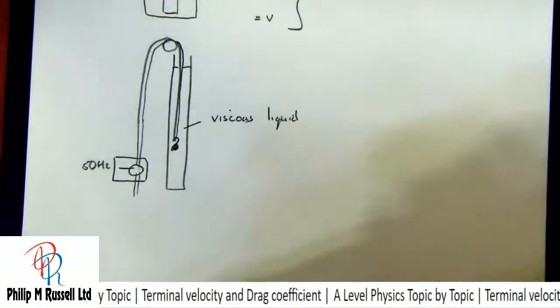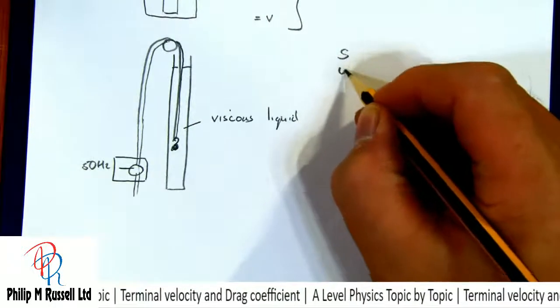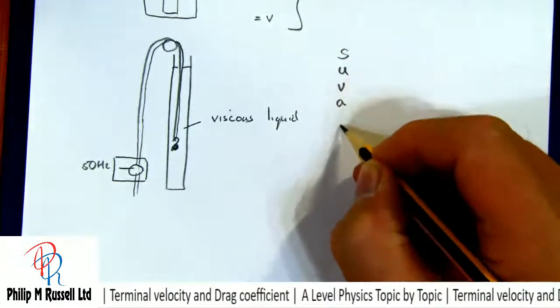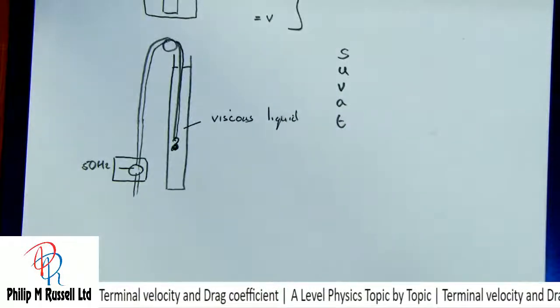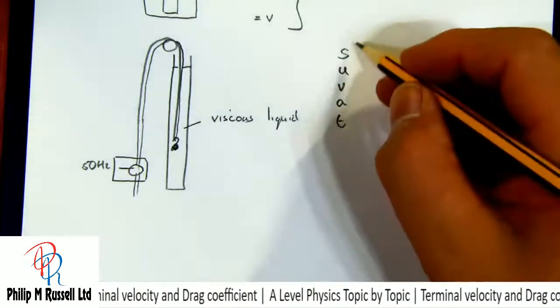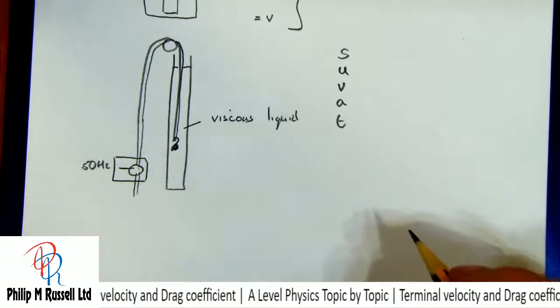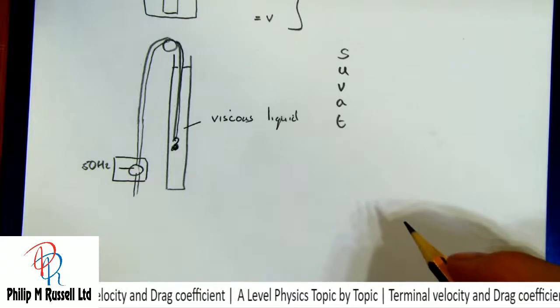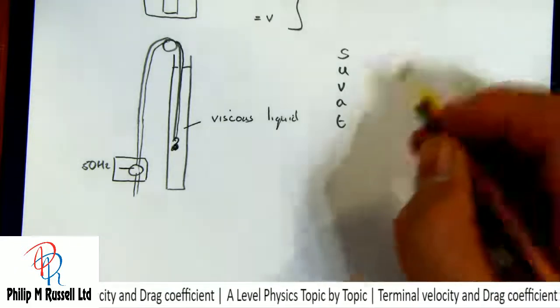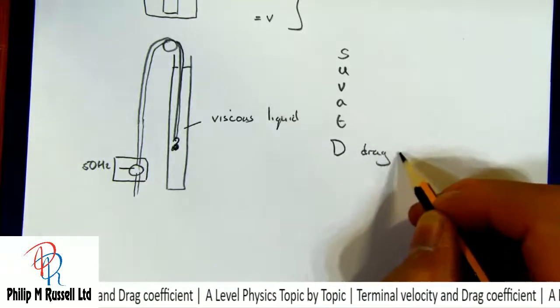So we can try and work out various things like suvat. We can measure some of those things, and we'll decide what we want. What we can also guess on is something here about D, which we're going to call the drag force.